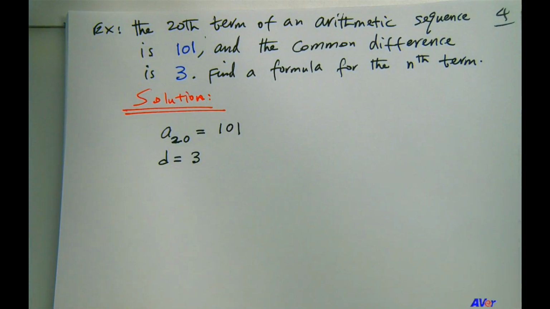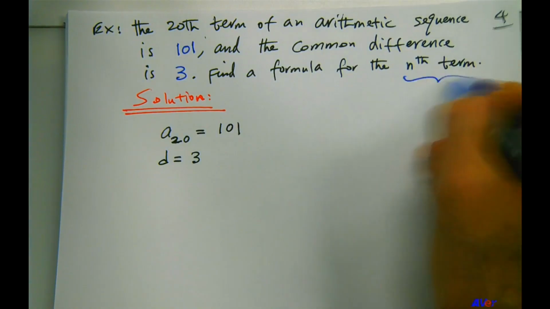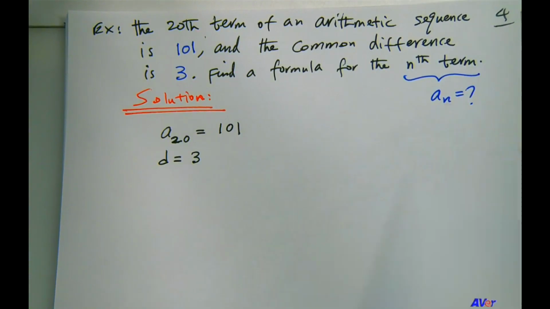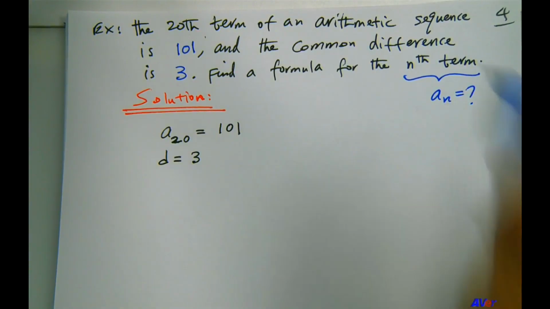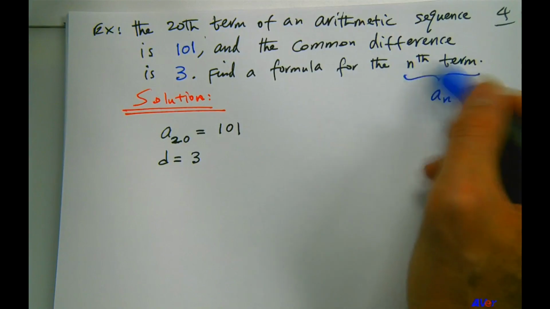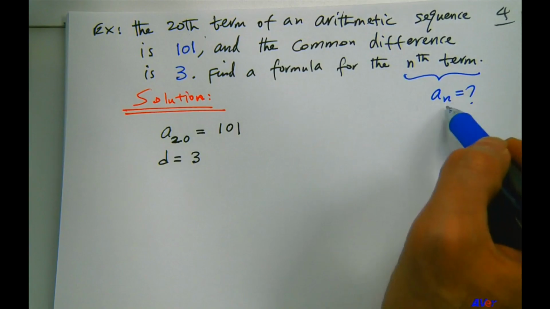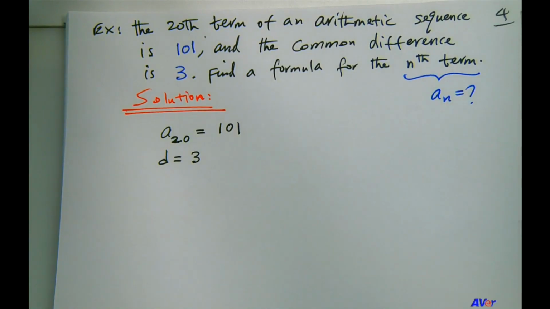So this nth term, that means what is A sub n. That's what they're asking us. So it's important to be able to connect that question to a notation we've been using in our formulas. So they're asking for that. Okay, let's write it out.